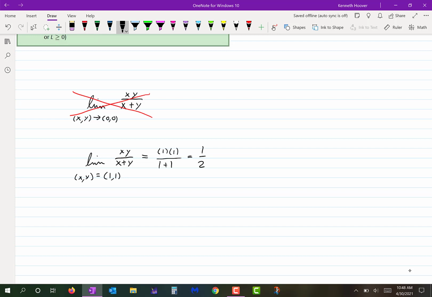Only because I'm looking at a continuous function here do I know that I can just plug in (1, 1). Can't always do that to find a limit, but if you know the function's continuous, then you can. I could not have just plugged in (0, 0), because (0, 0) is not in the domain.